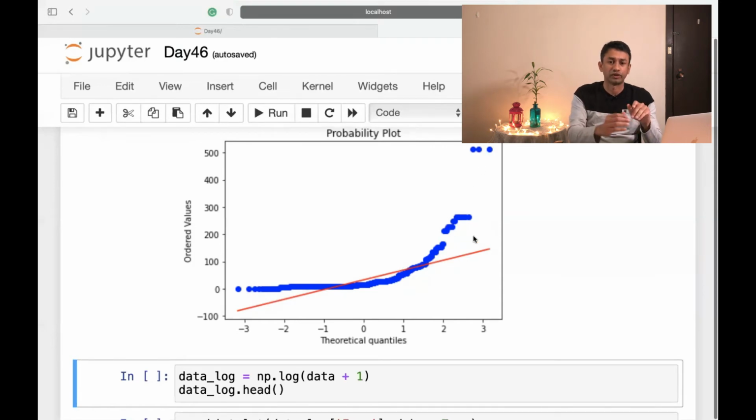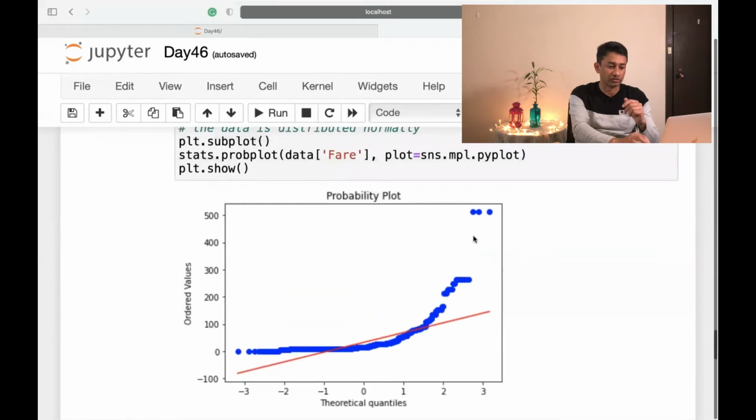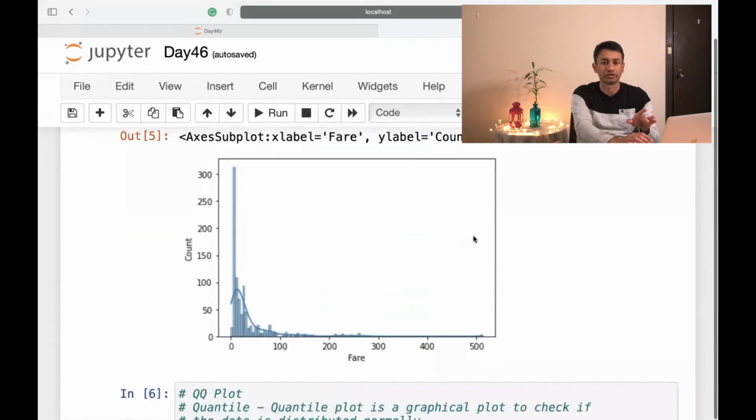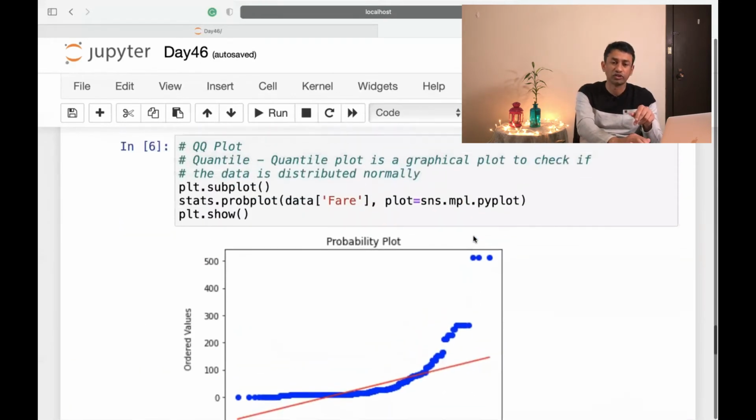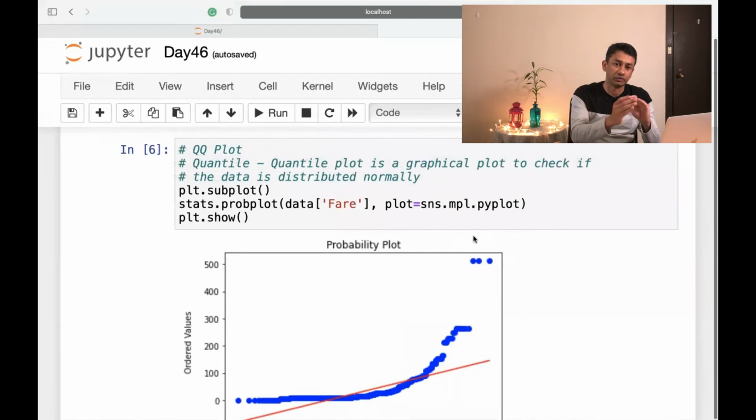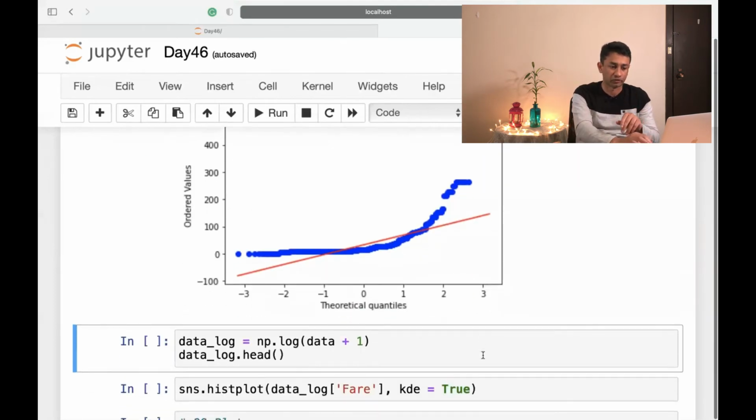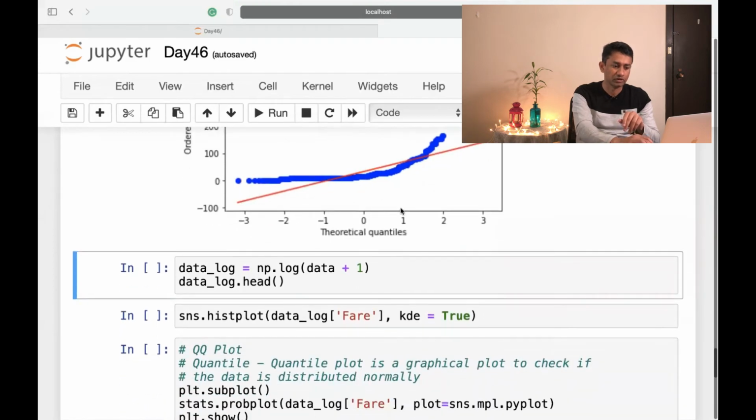It's like reiterating: we already saw the distribution and we know it's positively skewed, and we are using the QQ plot to reiterate what we are trying to say. So we are very sure that the data is definitely not normally distributed. This QQ plot will be really helpful after doing the transformation to check if the data is getting aligned to a normal distribution. So the next one is we are going to use logarithmic transformation.